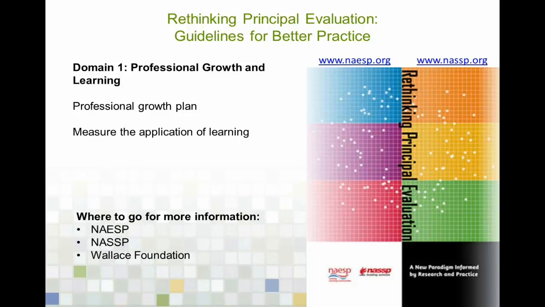So simply put, this domain puts emphasis on principals, as part of their evaluation, developing a professional growth plan. And the key question is, at the end of the year, whenever the evaluation takes place, did this principal execute that professional growth plan that's been approved by the superintendent or the principal's direct supervisor?